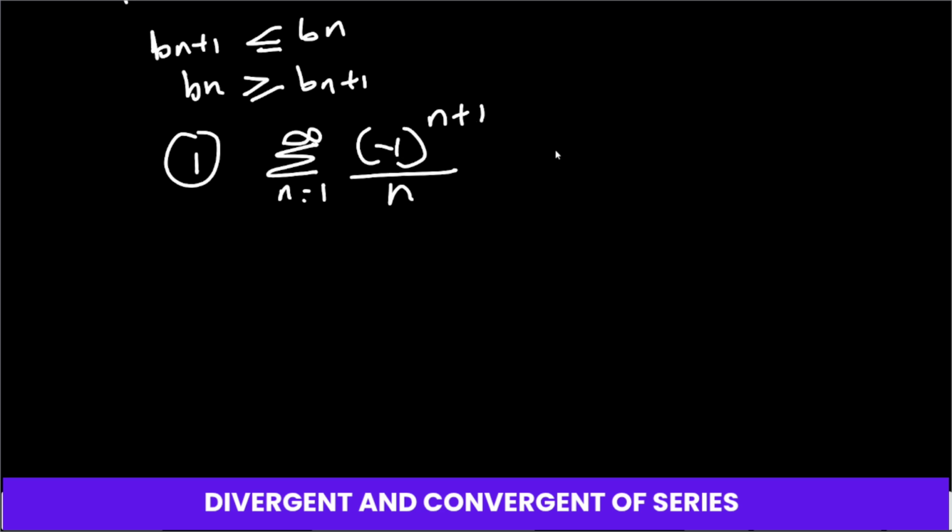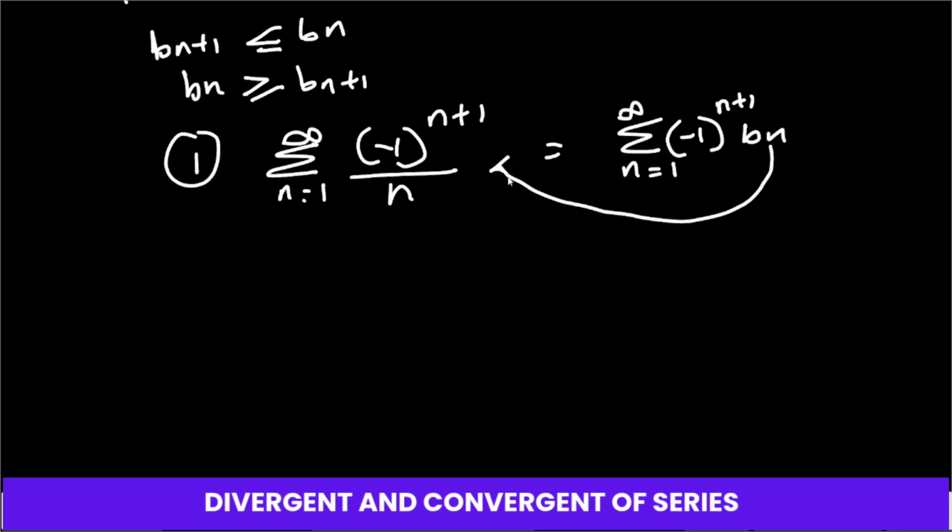Don't forget that the actual formula was written in this form, where we have the summation from 1 to infinity of minus 1 exponent n plus 1 times Bn. If you compare this, it can be written in the same form: the summation from n equals 1 to infinity of minus 1 exponent n plus 1 times 1 over n. It's the same thing.